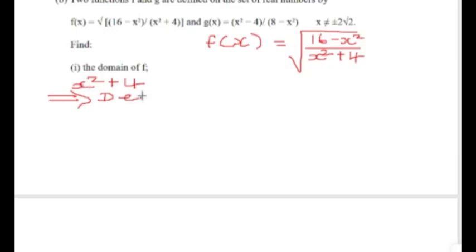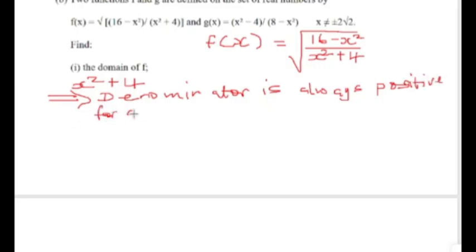So the denominator is always positive for all real x. Okay, so for any real number x, that denominator will always be positive.